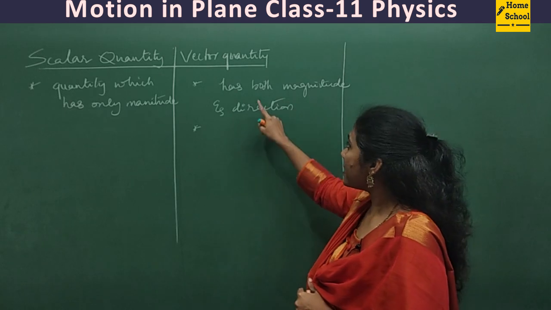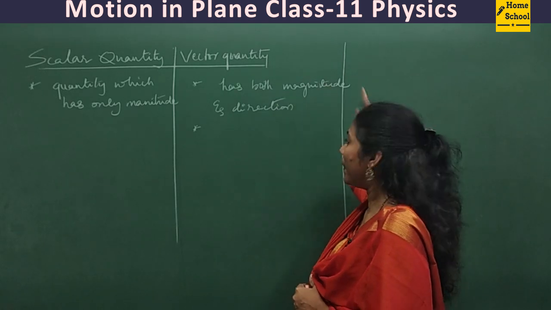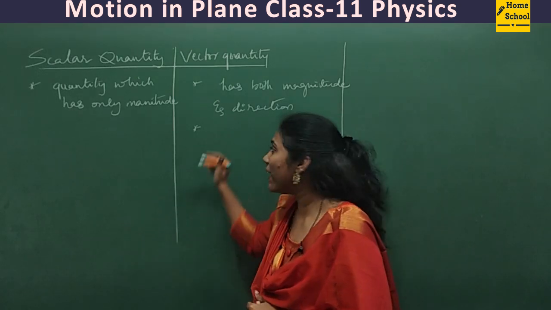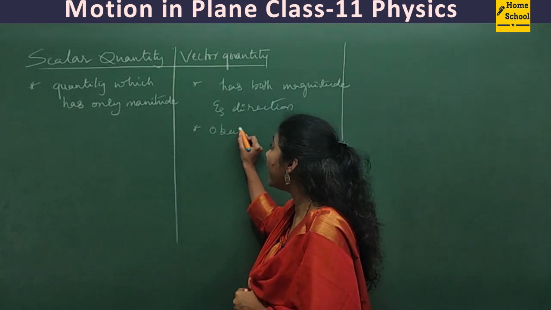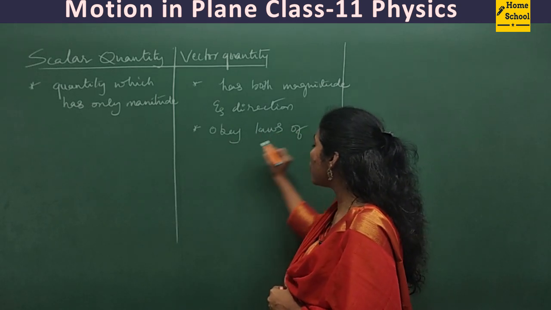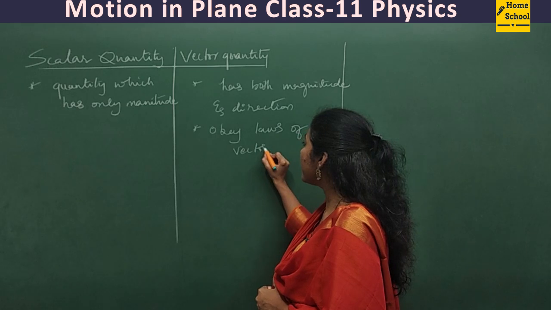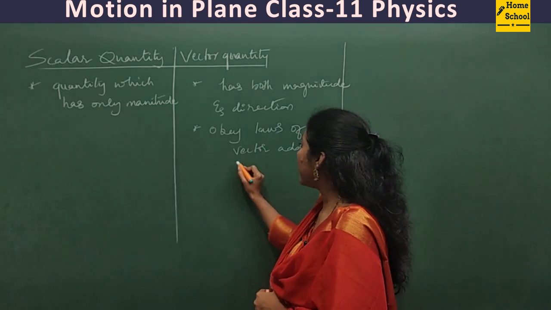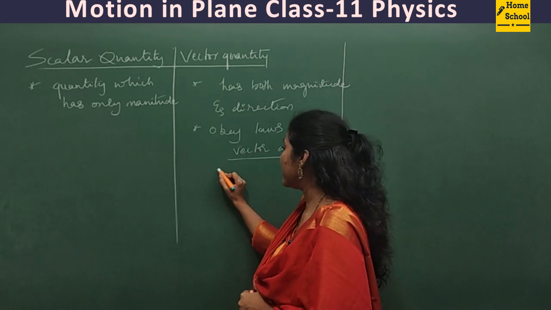Say vector is the one which has to have magnitude, direction, and also the physical quantity must obey laws of vector addition. There is a law called triangle law of vector addition.